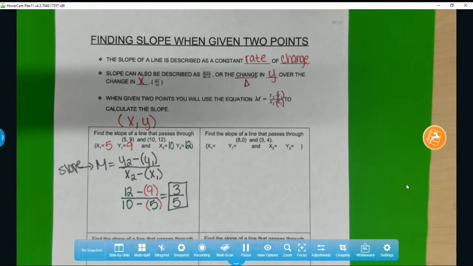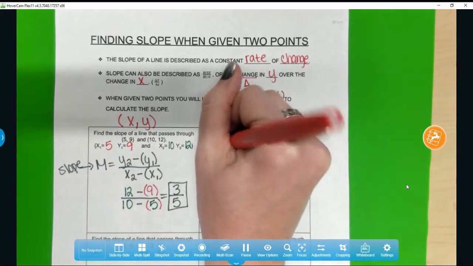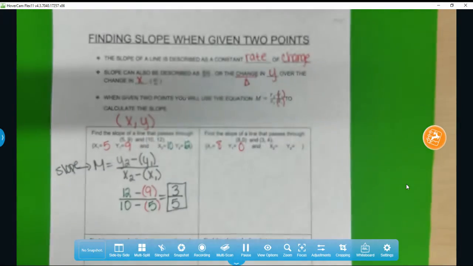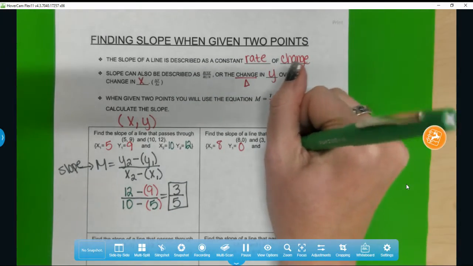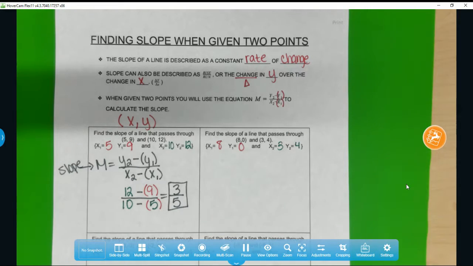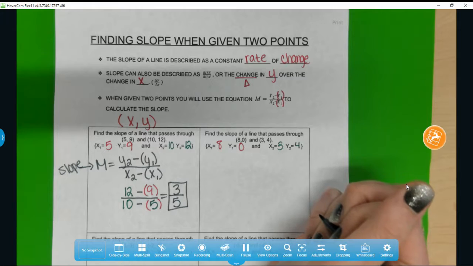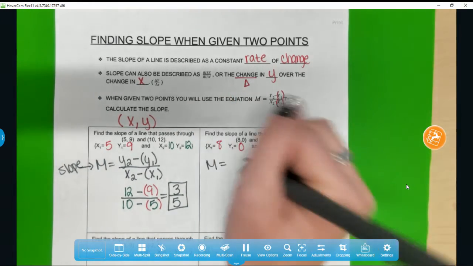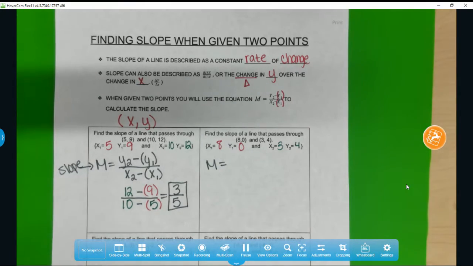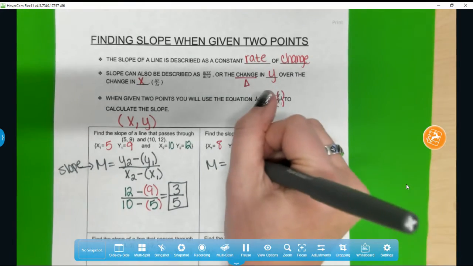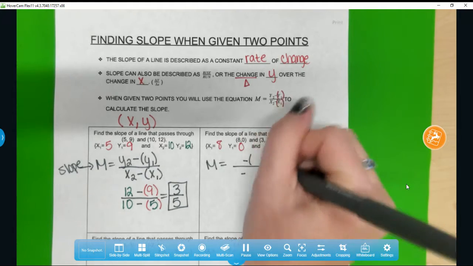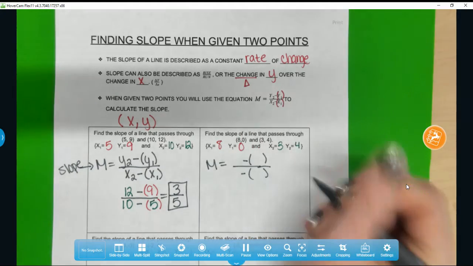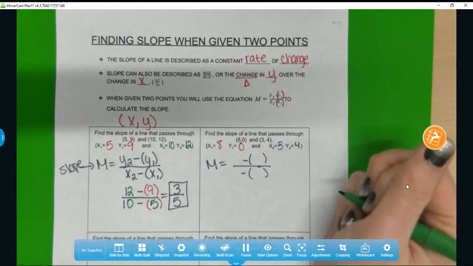Okay, so for the next one, x1 is 8, y1 is 0, x2 is 3, y2 is 4. So I'm going to use the same formula. So we have m equals, I'm going to go ahead and draw my minus, my parentheses, and fill in the blanks.